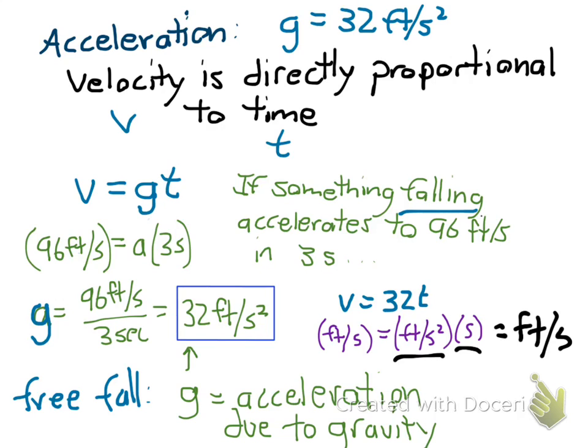G is 32 feet per second squared, or in meters, 9.8 meters per second squared. So these are units of gravity on Earth. We could talk about acceleration in different contexts, say on a different planet, where the acceleration due to gravity is different. But for this problem, we'll use 32 feet per second squared if we're using feet, or 9.8 meters per second squared if we're using meters.